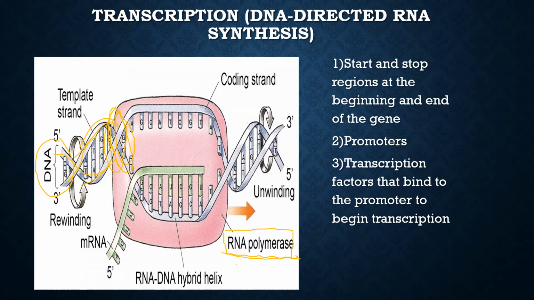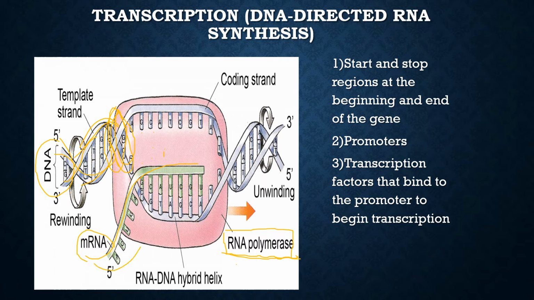So then the purpose of RNA polymerase is to break those hydrogen bonds that hold those base pairs of DNA together, and then assemble the correct RNA of mRNA within that nucleotide.